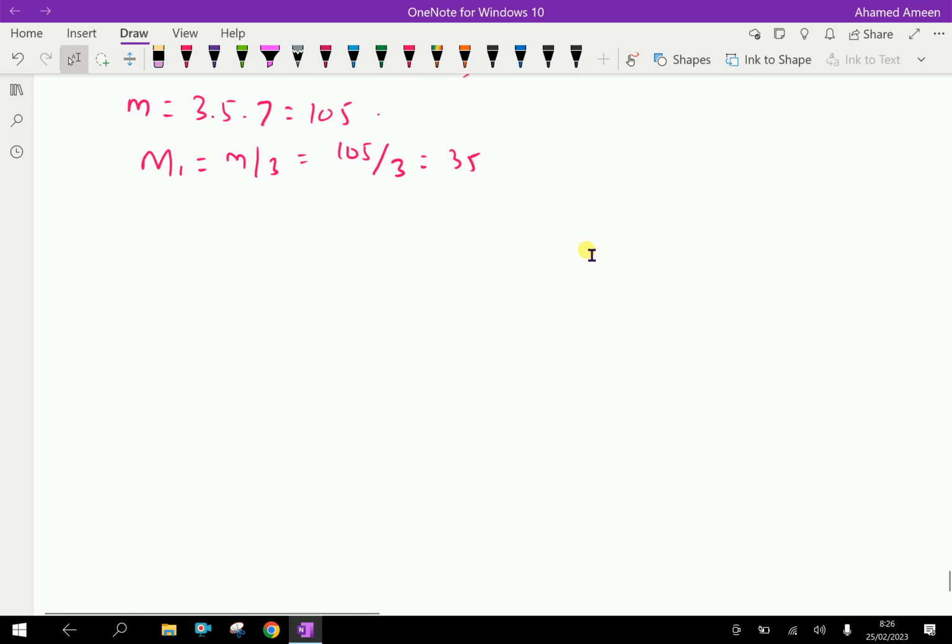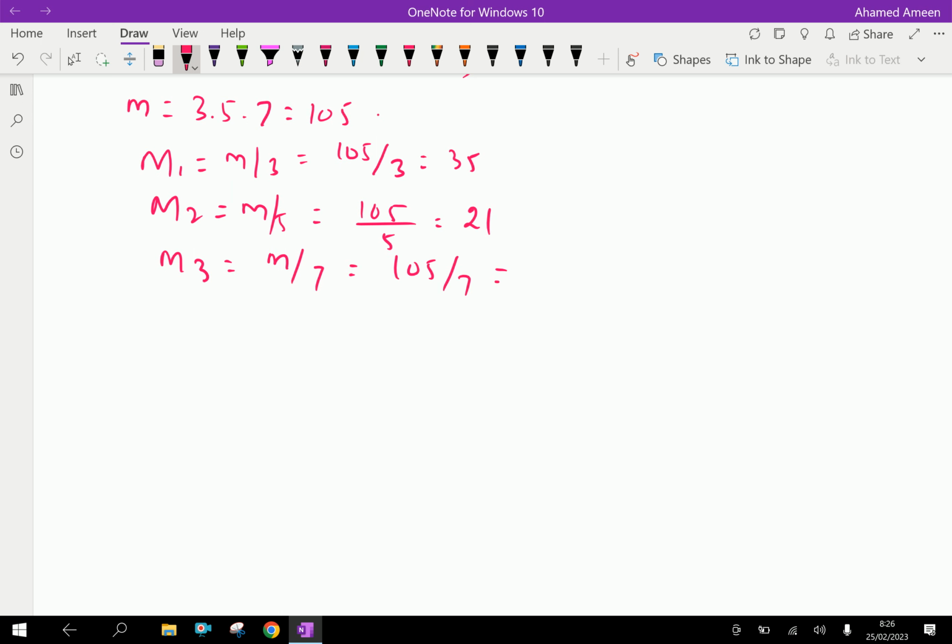Like that, M2 is m over 5, which is 105 over 5, equal to 21. M3 is m over 7, that is 105 over 7, which gives 15. So we got capital M1, M2, M3, which are useful in the Chinese remainder theorem.